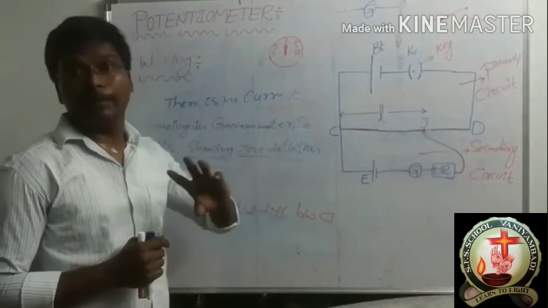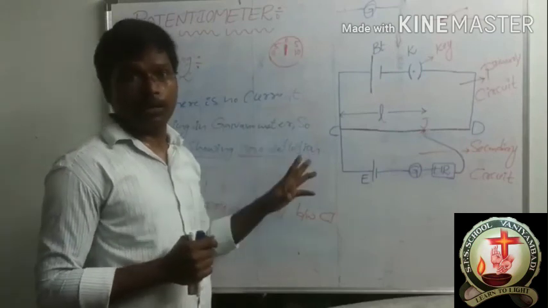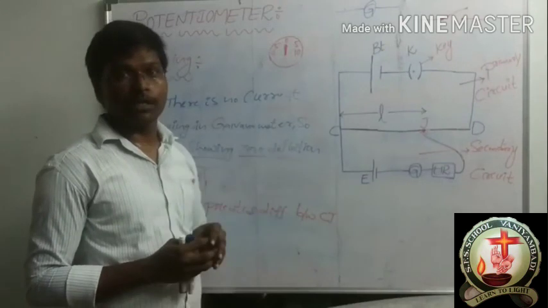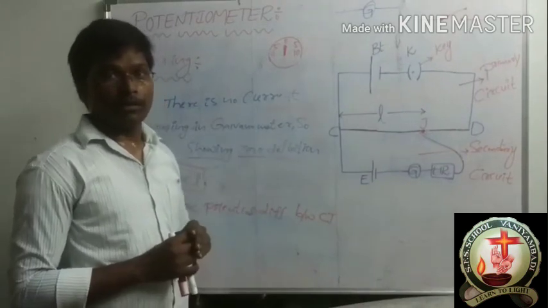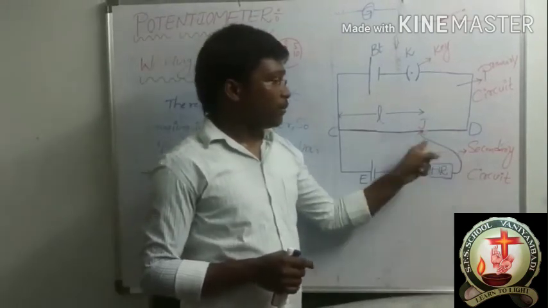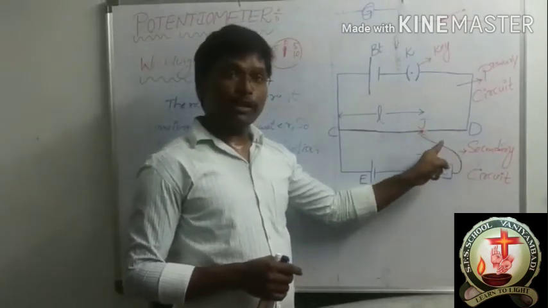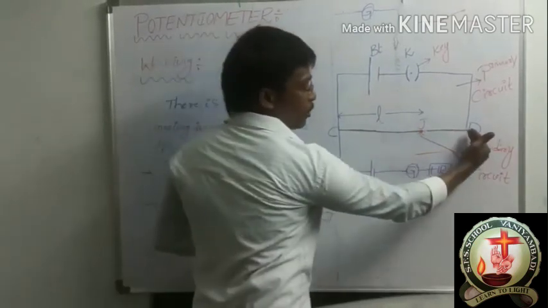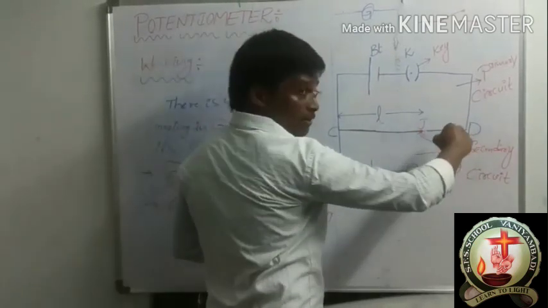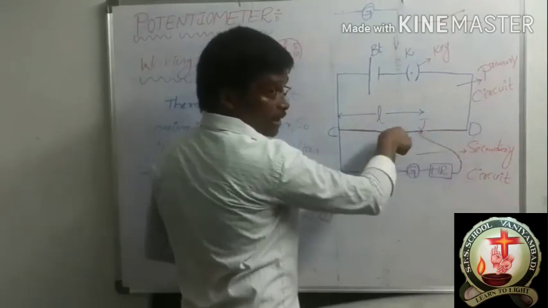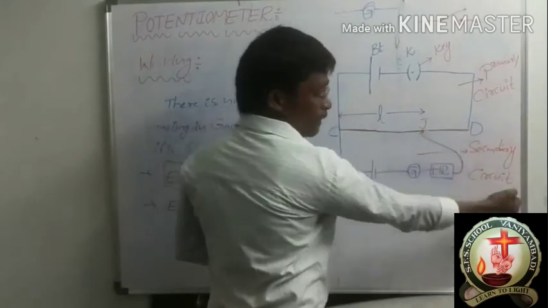It is a little bit confusing, so please watch carefully. Where you will get confused is about this jockey. I told you already, the jockey is the movable part. You can touch here, otherwise you can touch here, because it is a movable part.